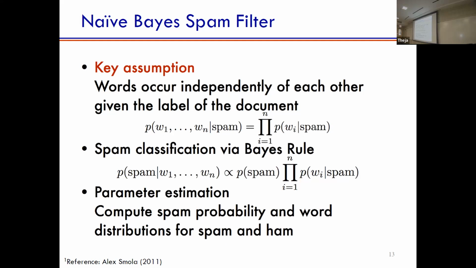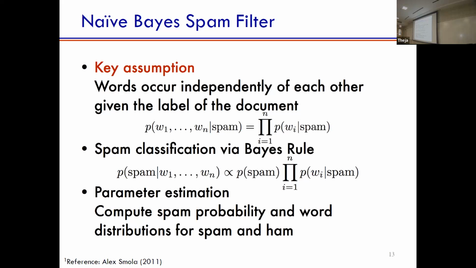If you do that, what happens? The left-hand side is just the joint probability between all these random variables and spam, which is equal to the probability of all these random variables given spam times the probability of spam. That's just by definition: if you have a bunch of random variables, you can condition on one and then bring out the term.